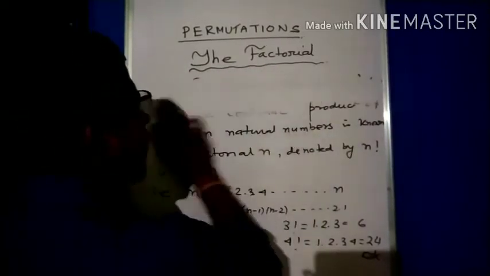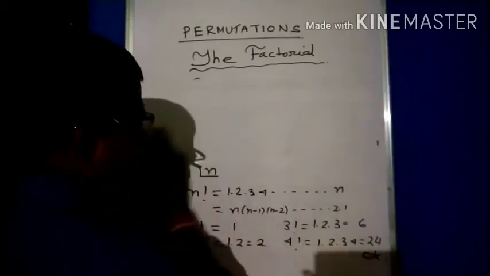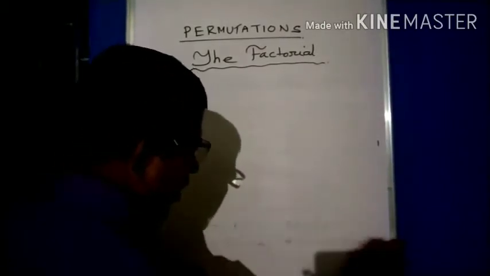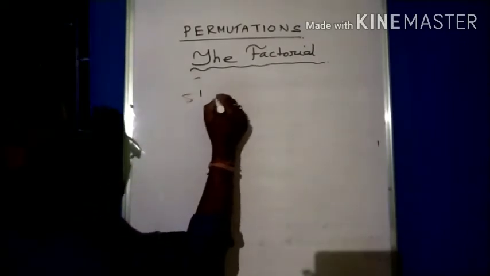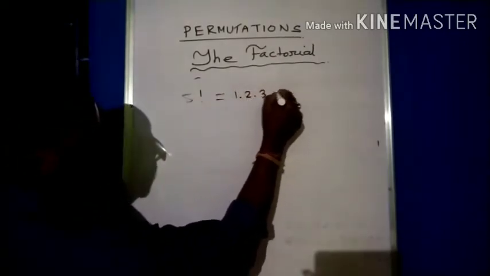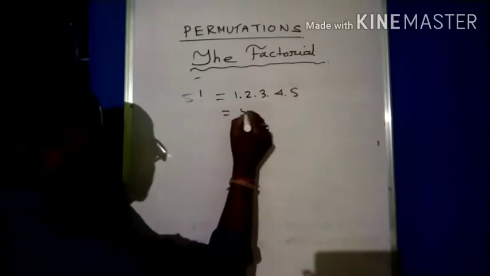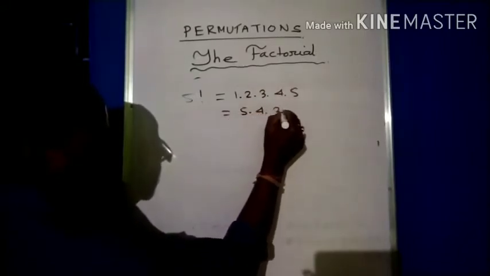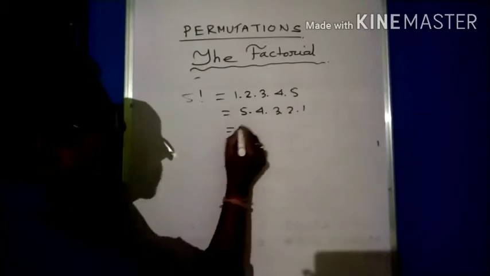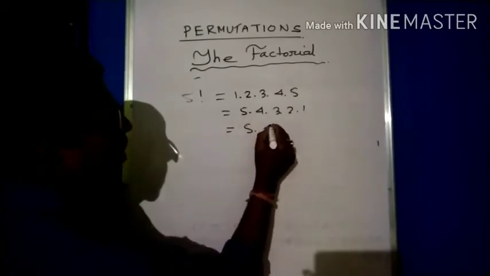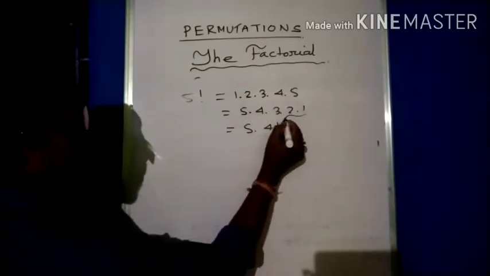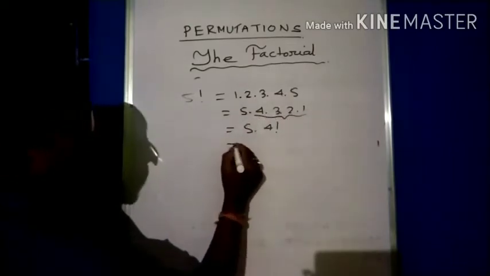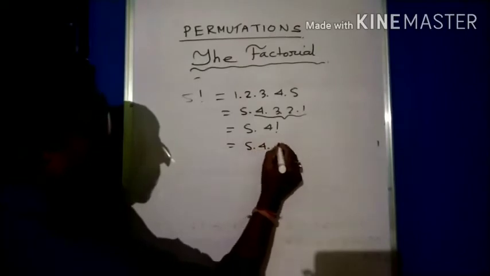Now you have to know some important notes. Suppose factorial 5 will be 1 into 2 into 3 into 4 into 5, or you can write 5 into 4 into 3 into 2 into 1. This we can write as 5 into factorial 4, or you can write 5 into 4 into factorial 3.